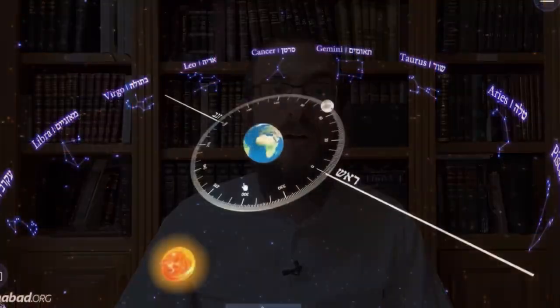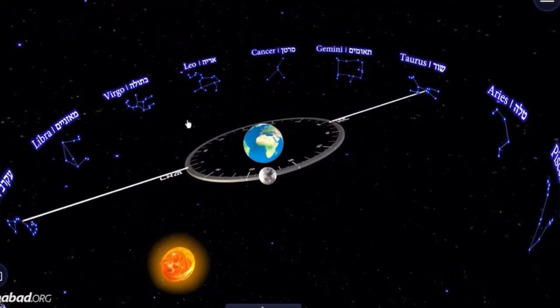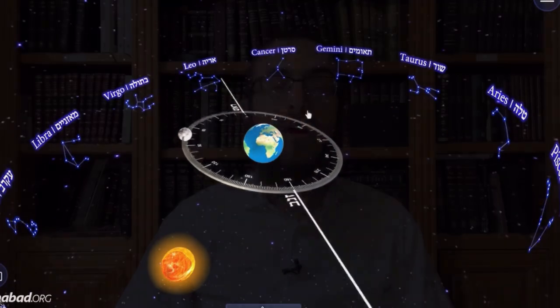But, as the Rambam teaches us, the points of departure themselves, the Rosh and the Zanav themselves, are moving backwards, as he says, which basically means clockwise, along the Galgal HaMazolos. So that at any point where the moon is on its orbit, it can either be northerly or southerly inclined. Therefore, when we want to figure out the true position of the moon, the first thing we have to do is figure out where the Rosh and the Zanav are, where the two meeting points of the moon's orbit and the Galgal HaMazolos are.